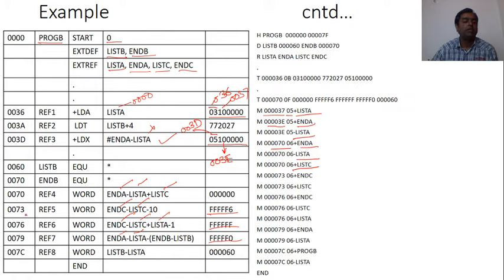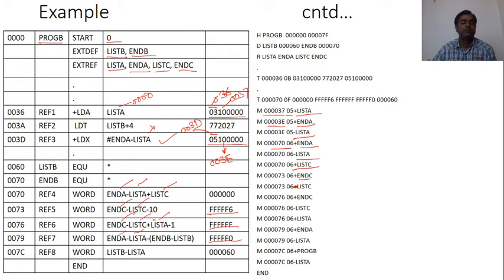Now at address 0073, the expression is end C minus list C minus 10. Here I have to add the value of end C and subtract the value of list C. So this modification record is written at address 0073 plus end C and this one is minus list C. This is minus here.